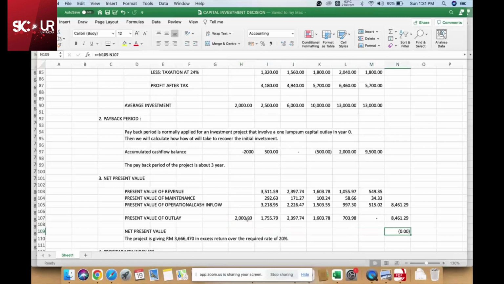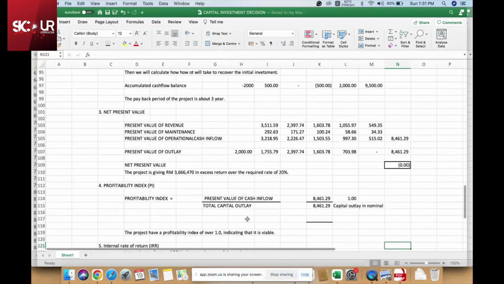That means the project is still giving 3.6 million overall, over and above the 20% return. So the internal rate of return is much higher than that.